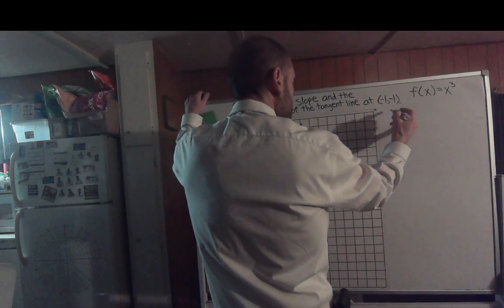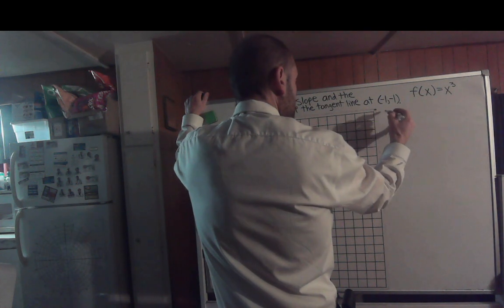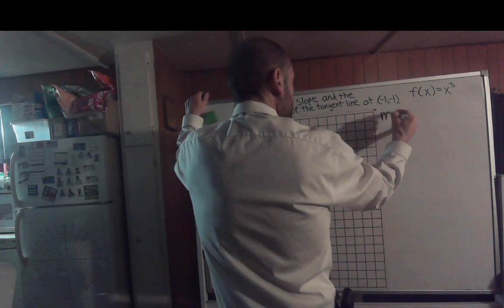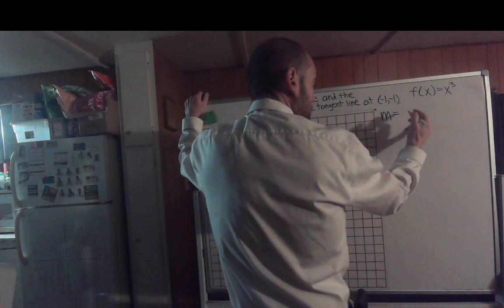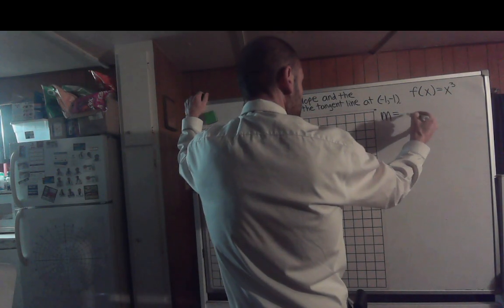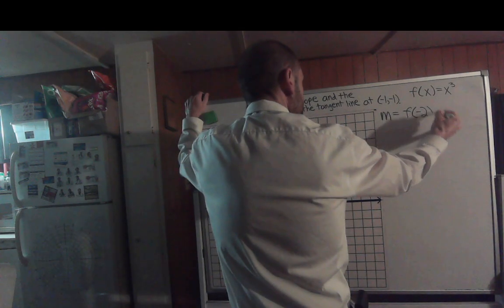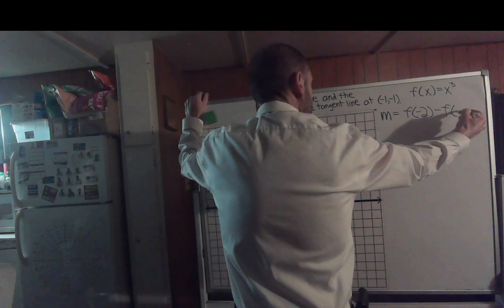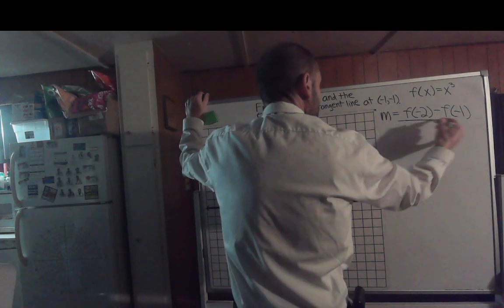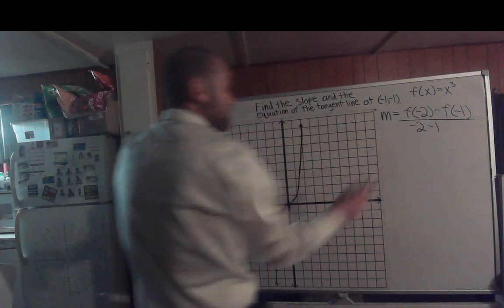So let's pick -2. We know the slope, of course, is equal to y2 minus y1 over x2 minus x1. So that's going to be f of -2 minus f of -1 divided by -2 minus -1 itself.